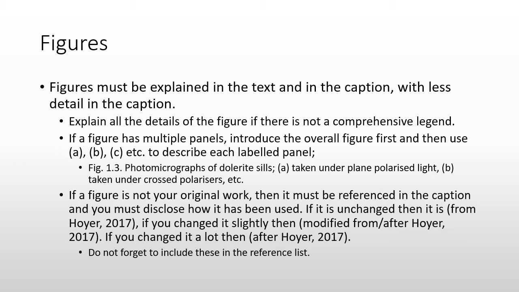So if you're referencing Figure 1.2 before you reference Figure 1.1, then you need to swap those figures around, because you need to refer to them in the correct order. So we have to have it going from 1.1 to 1.2 to 1.3 in the text.